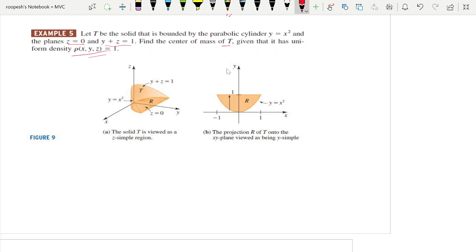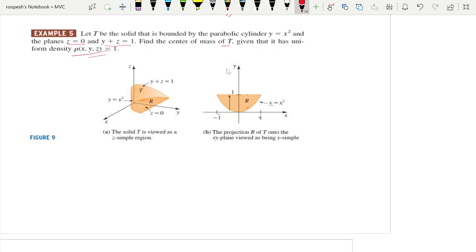In the xy plane it is given something like this. Here you can see that y is varying from here to here, that means this curve is y equals x squared. So y moves from x squared to 1, and x lies between minus 1 to 1.